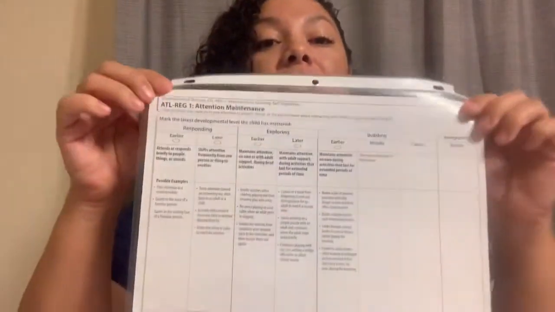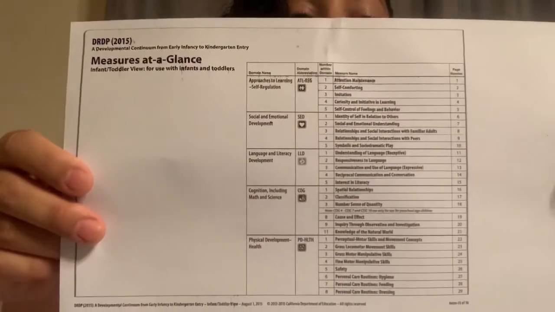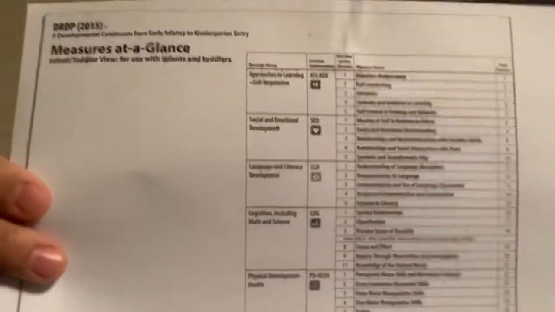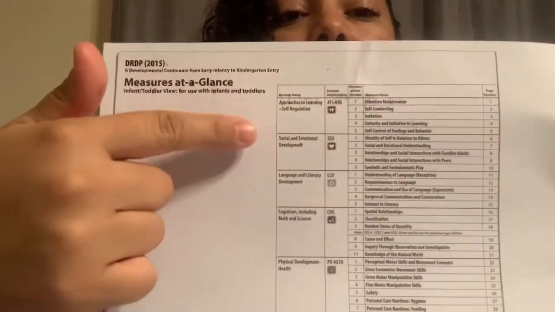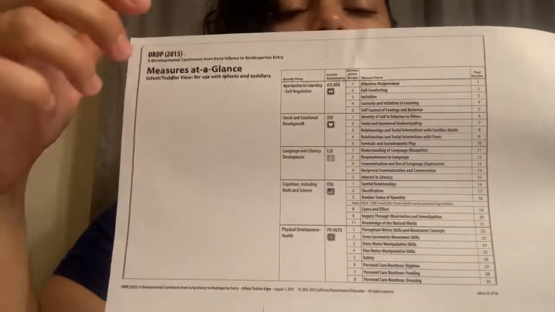So pretty much Google it, print it out, and then you're going to come out with pages looking like this. I'm going to be using the infant and toddler, and you're going to see different domains. The main domains, we have 1, 2, 3, 4, and 5 for the infant and toddlers.